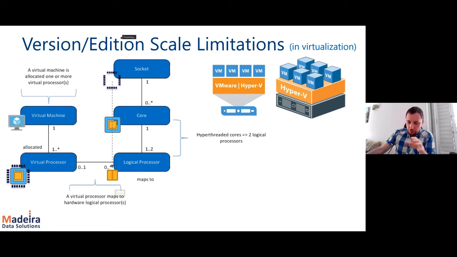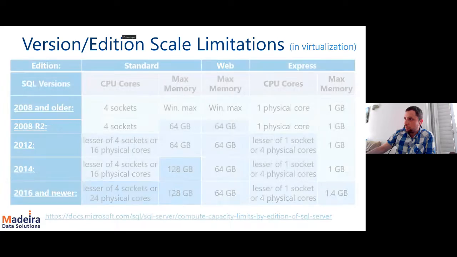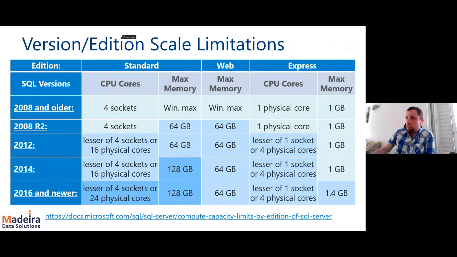If you have virtualization, consider, as I said, when it comes to licensing, that you pay money for logical cores. But as you saw previously, the limit is on physical. It is limited to the lesser of 4 physical sockets or 16 physical cores.